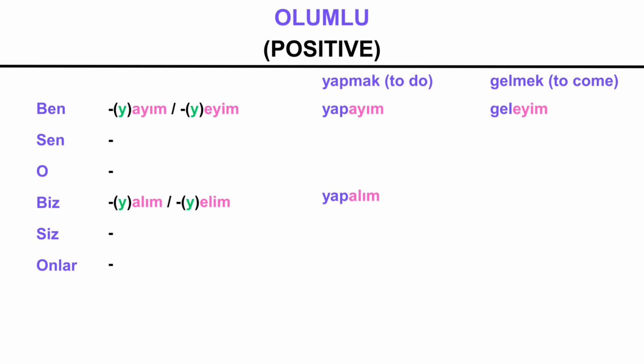So it gives that let's kind of meaning. When we look at gelmek, it will become gelelim. Similarly, let's come, even though you wouldn't say it. We should come, will come, something like that.